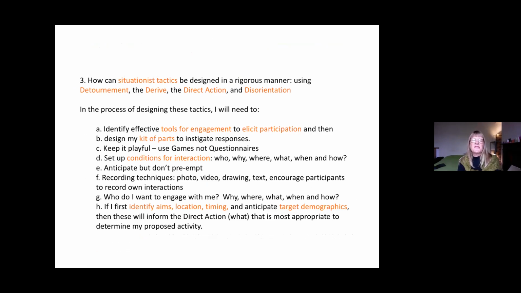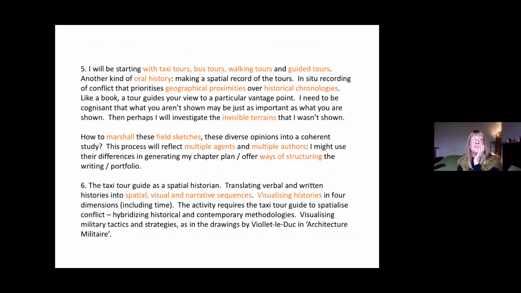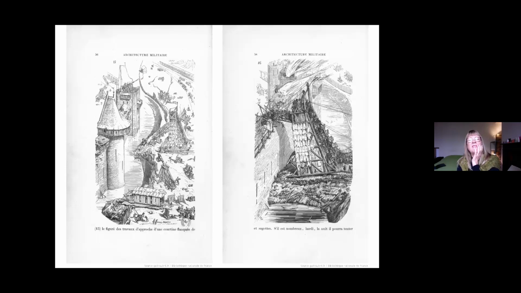Yeah, situationist tactics. It's always useful. I'm sure you know all about this stuff, so I won't. But if you're interested in looking at conflict architecture, you could do worse than take a look at some of these military architectural drawings from the Encyclopedia of Military Architecture.